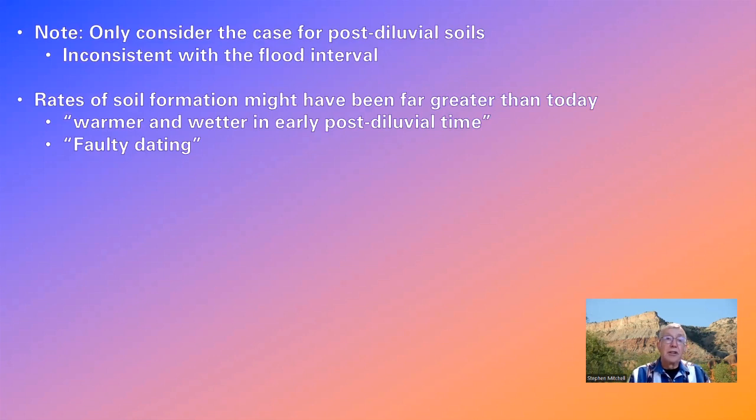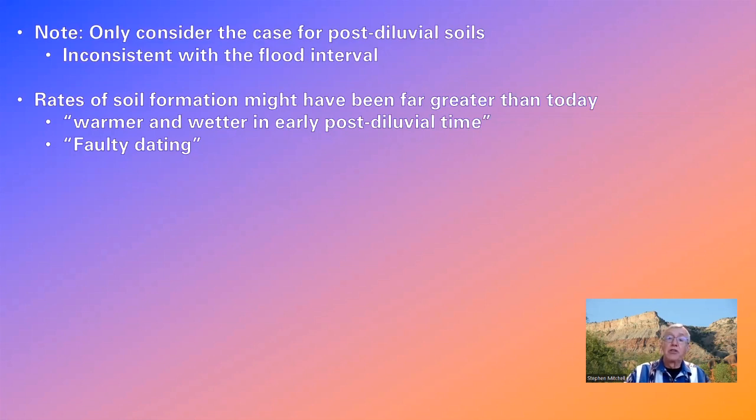Another explanation given is the rates of soil formation might have been much greater than today. And we've talked about how some soils can form quickly. But in order to do that, typically it has to be very much more humid. So it needs to be warmer and wetter in the early post-flood time. But if it was wetter, how would you form a caliche?